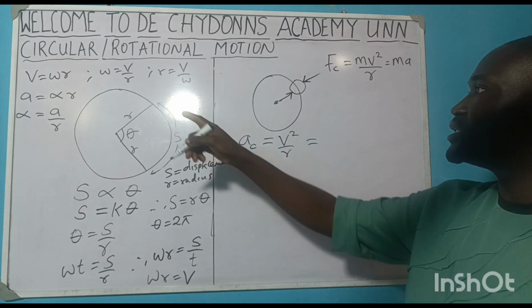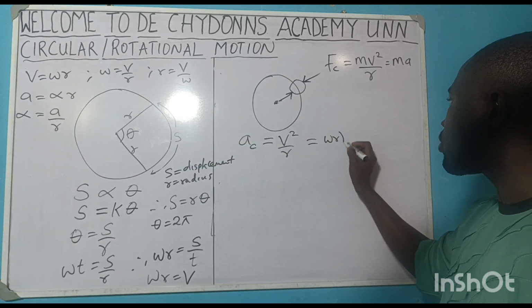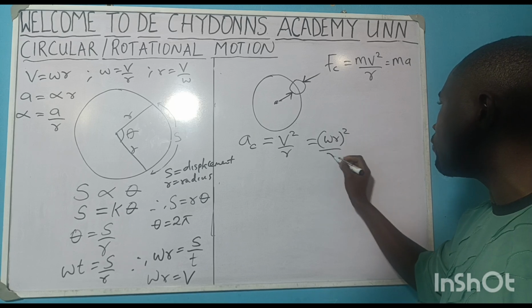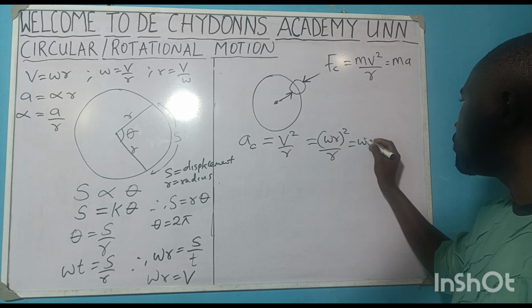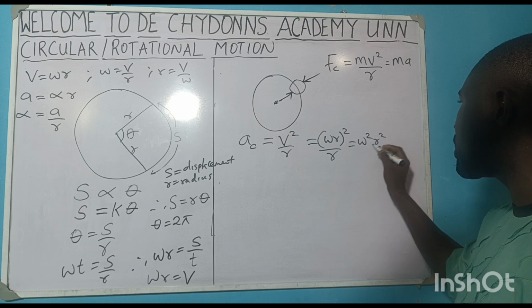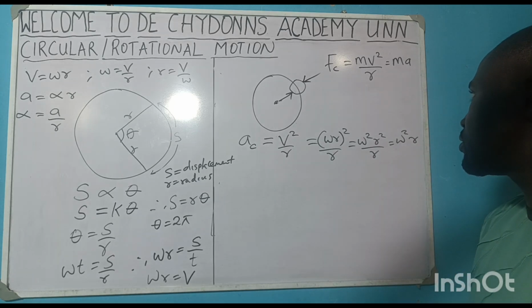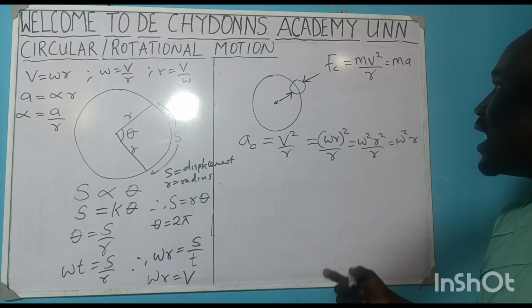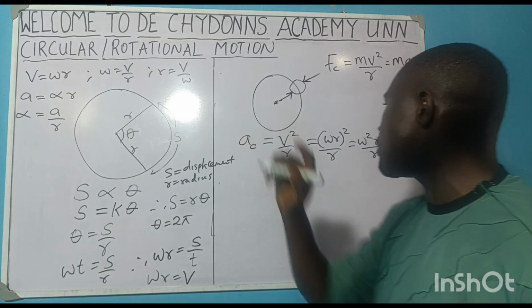And our v is equal to wr here. So you say (wr) all squared all over r equals to w squared r squared all over r, which equals w squared r. Are you getting it? Then also remember that r is equal to v over w.